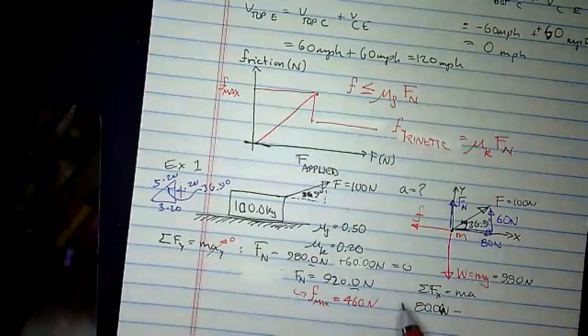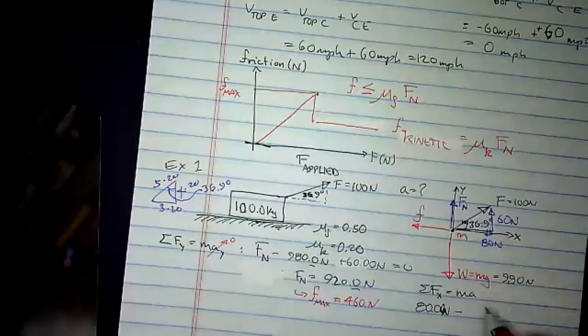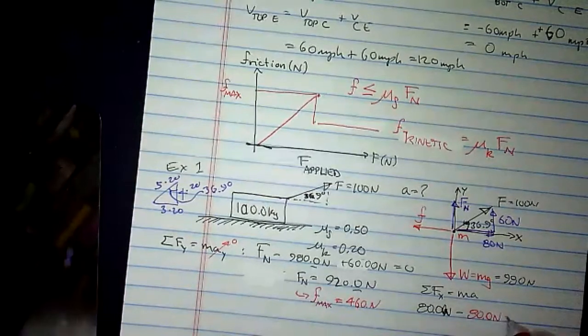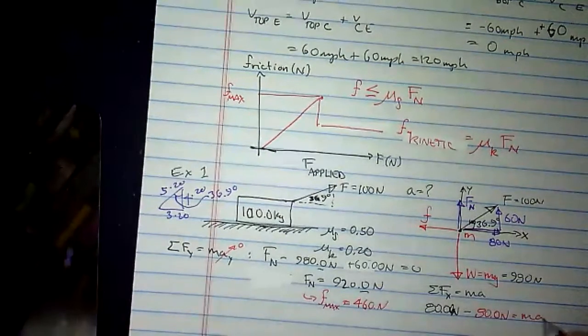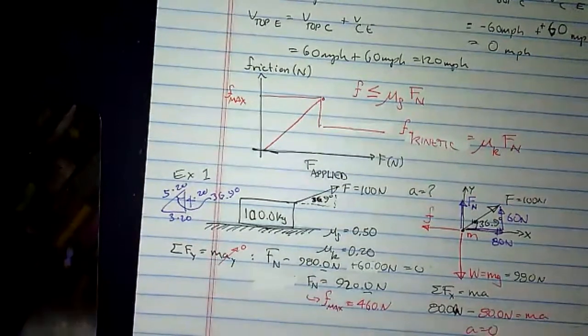So yeah, so that's 920. So yeah, 460 newtons is the maximum that can be. I've got an 80 newton force here. And that's the only two in the horizontal direction. So I'm going to say, well, this is going to be equal to 80.0 newtons in the negative direction. And that's going to give me mass times acceleration, which is clearly a equal to 0.